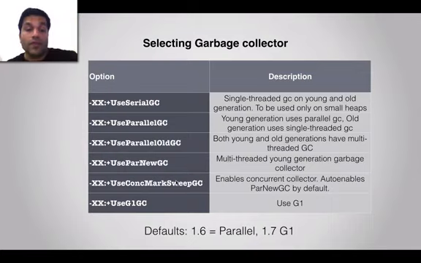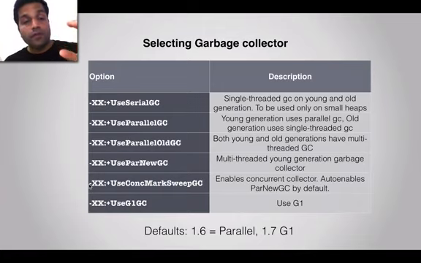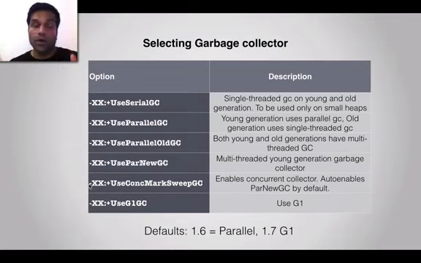And as you can notice, this happens only in the old generation. So ConcMarkSweepGC is only for the old generation, and that's why you have a combination of UseParNewGC and UseConcMarkSweepGC that can be used if you want to have parallel GC running in the young generation and concurrent mark sweep running on your old generation.